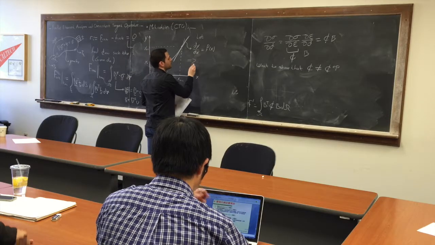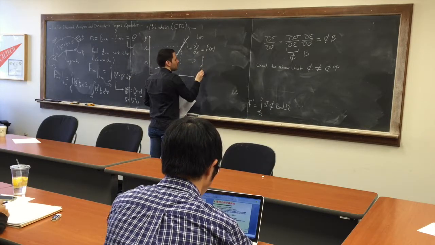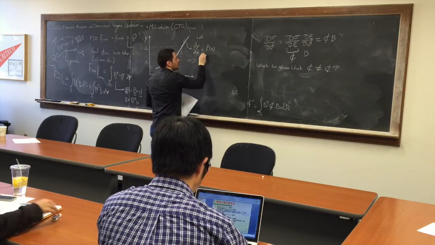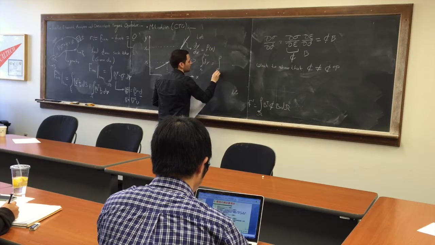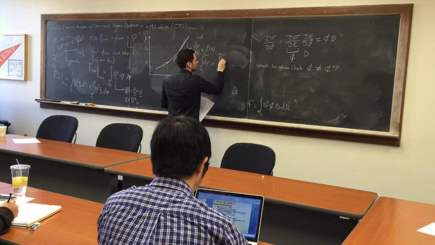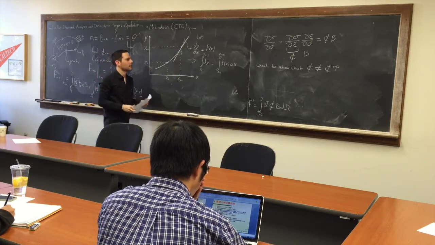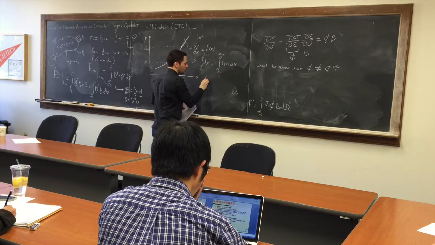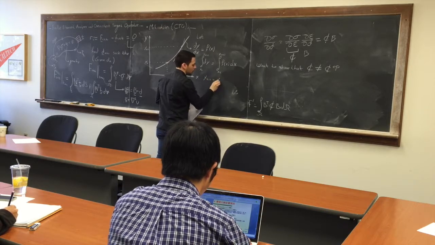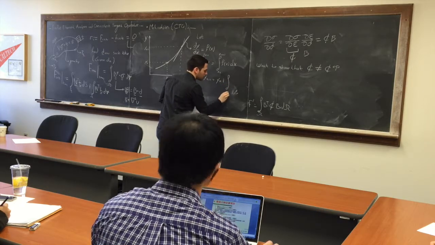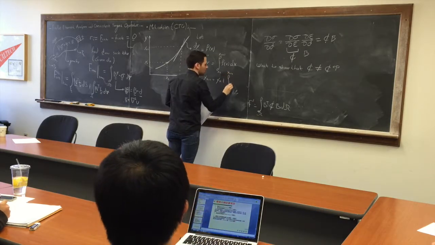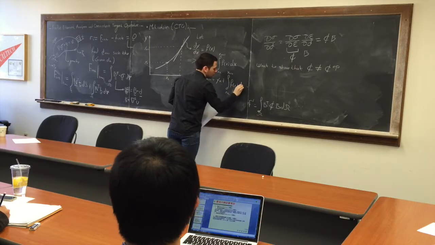Hence, we can integrate, and from that we get y at k plus 1 is equal to y at k plus this integral from xk to xk plus 1 of f(x) dx.